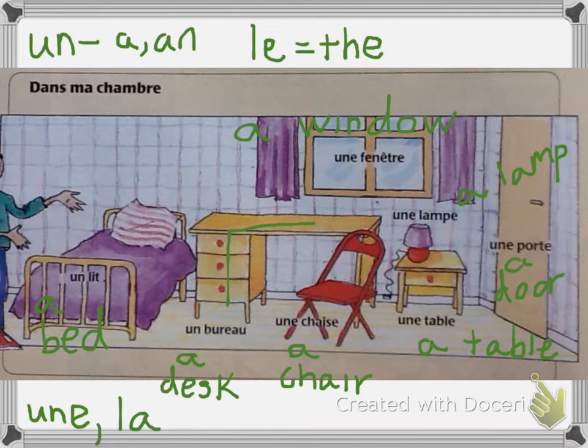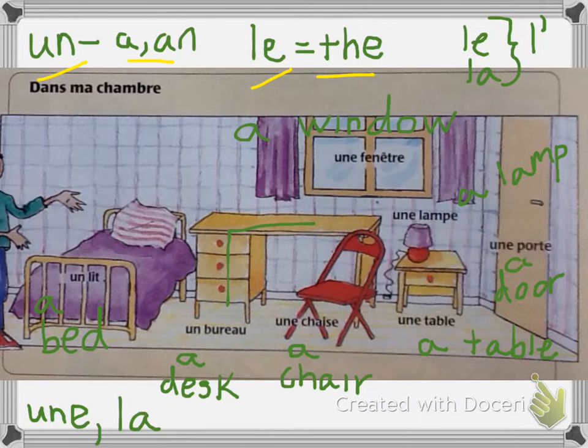And both le and la become L apostrophe before a vowel or silent H. There won't be an issue with any of these because none of these start with a vowel or silent H, but just as a reminder. Just like in English, I never say the a lamp. So in French, we always use either un or le. We don't use both of them at the same time.